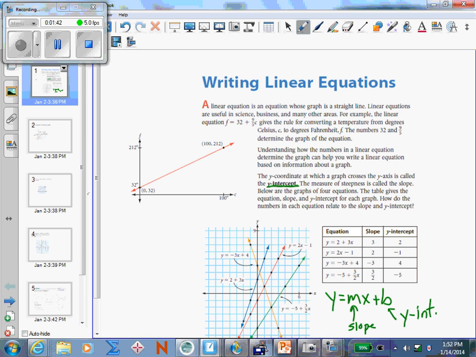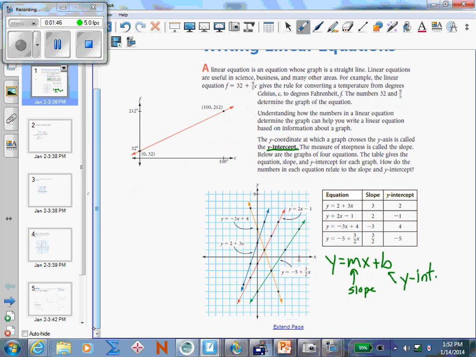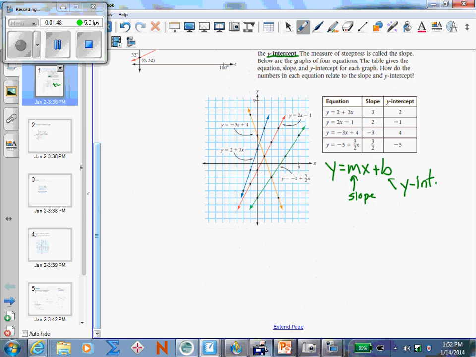And of course, we talked about slope in the first semester. Hopefully everybody remembers how to calculate slope. Change in y over the change in x, or rise over run.